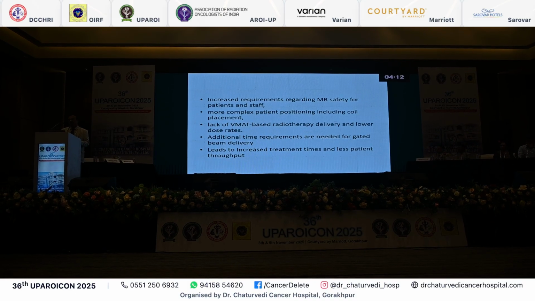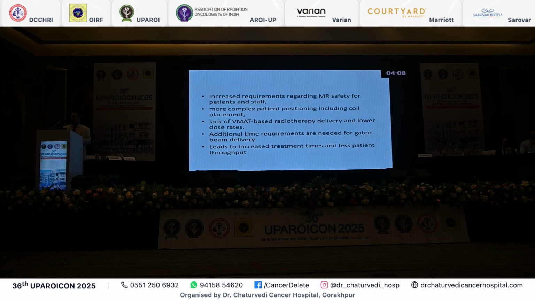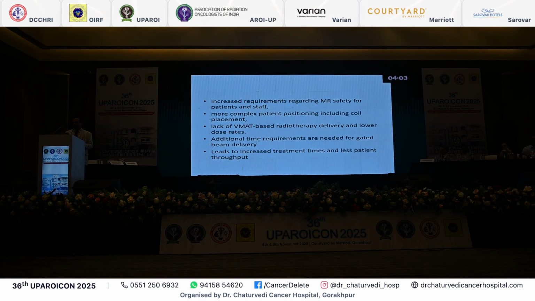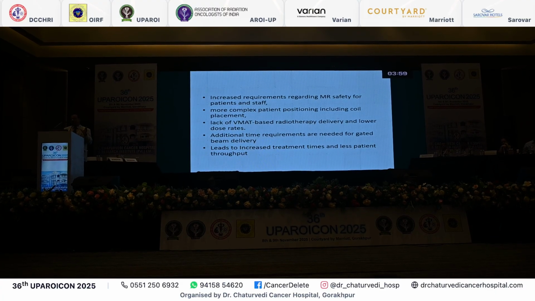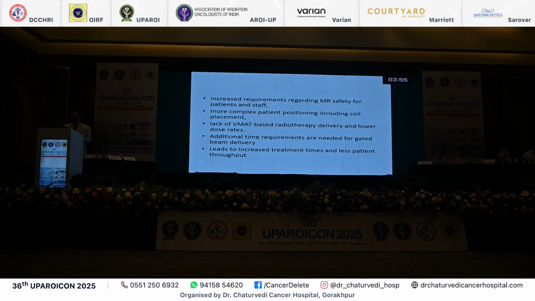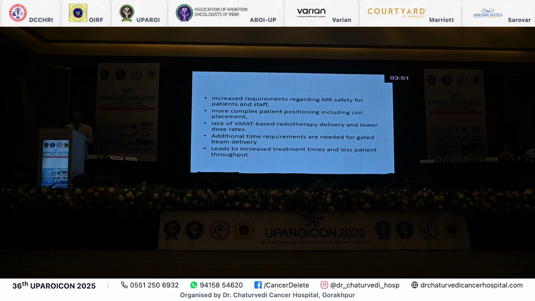There are increased requirements regarding MR safety for patients and staff, more complex patient positioning including coil placement, lack of image-guided radiotherapy, additional time requirements, and after the adaptive planning, for gating also we need additional time. So this leads to increased treatment times and less patient throughput.